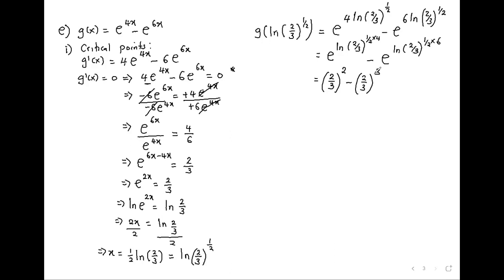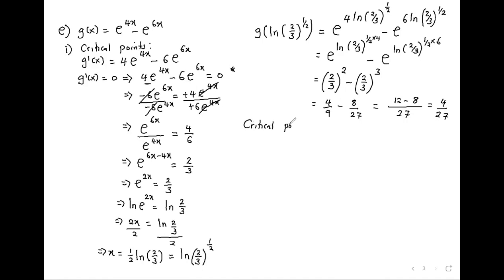And what we get is 4/9 minus 8/27. 27 is the common denominator, and 9 into 27 is 3. 3 times 4 is 12, minus 8, giving us a value 4/27.